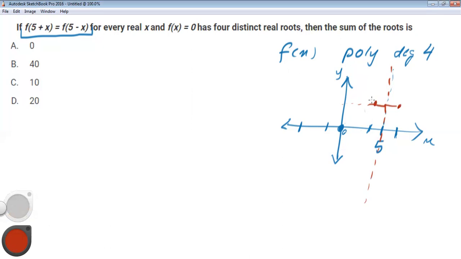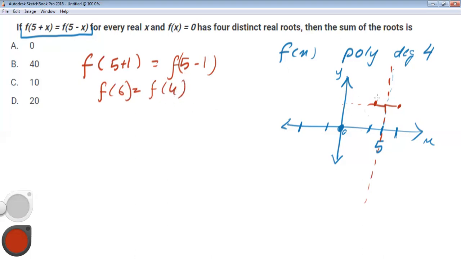So that means, if we want to put it simply, we have f of 5 plus 1 is equal to f of 5 minus 1, right? That is f of 6 is equal to f of 4.